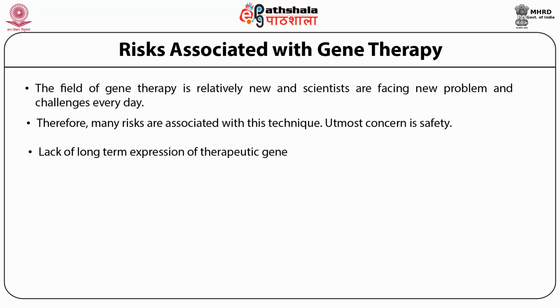Secondly, there are problems with immune responses. Vectors are foreign to human bodies, and therefore the chances of stimulating an immune response are always there, which might reduce the efficacy of gene therapy. The third problem generally associated is the risk from viral vectors.